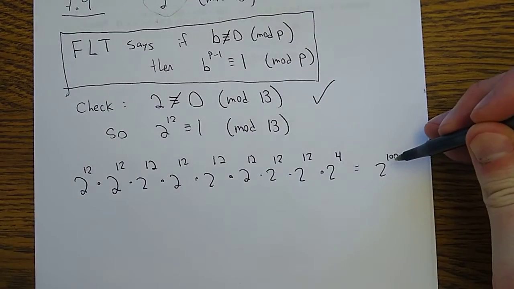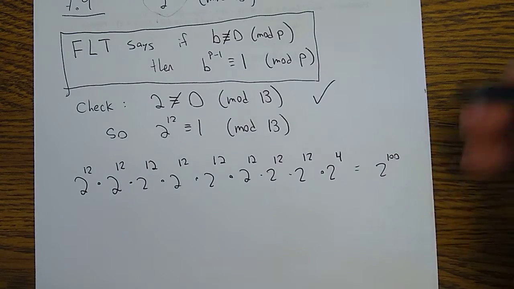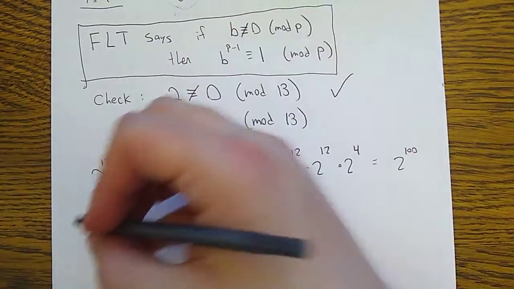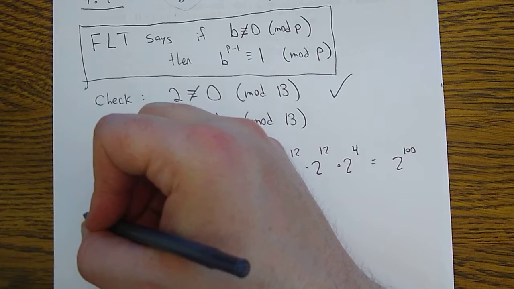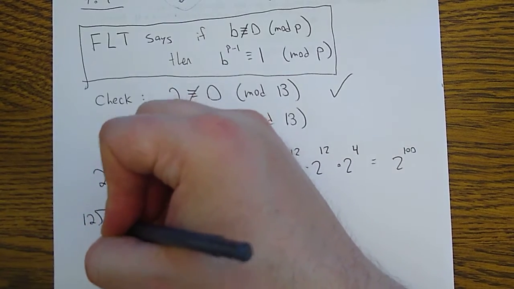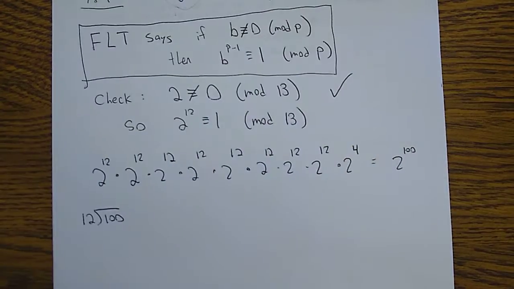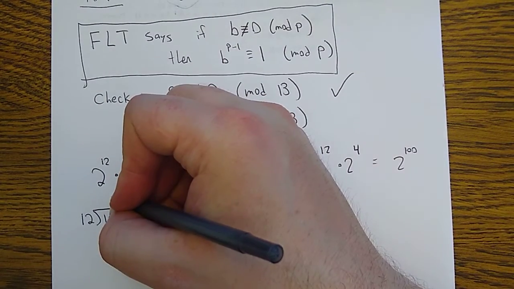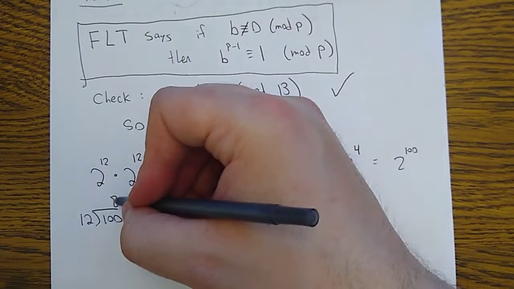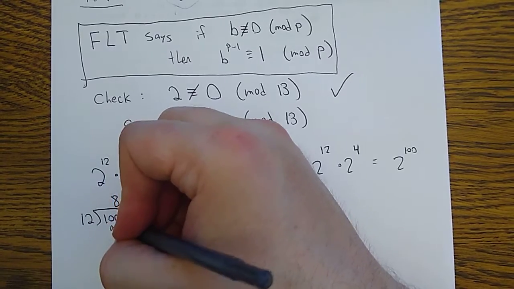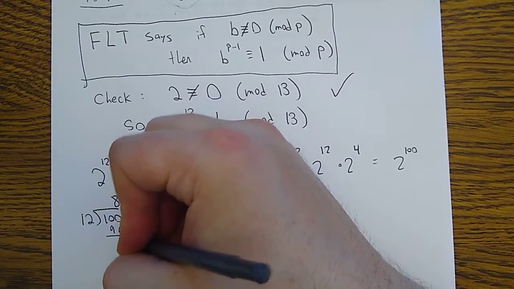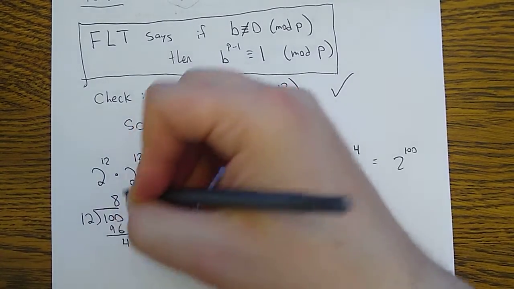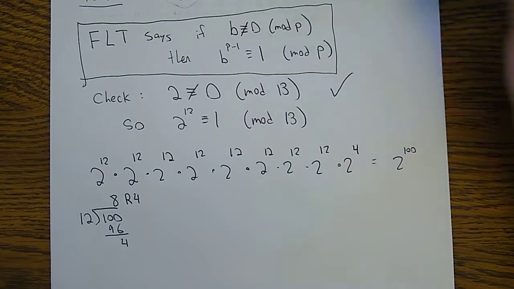Maybe, like I was saying, I definitely did not just do that the smartest way. Maybe the smarter way would be to do 12 into 100. 12 goes into 100 8 times. 8 times 12 is 96, and then that's 4. So it goes in 8 times with a remainder of 4.